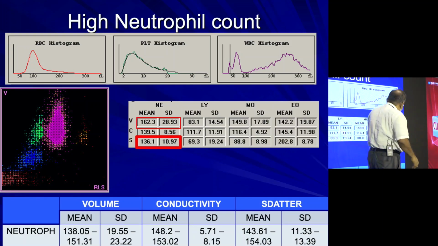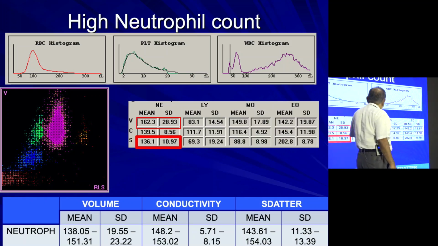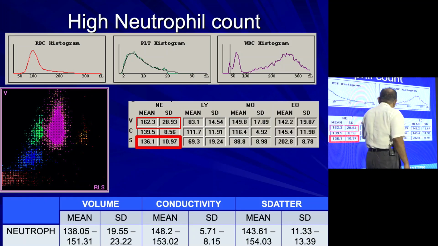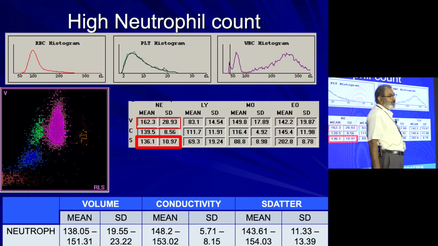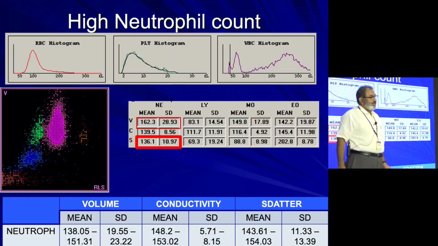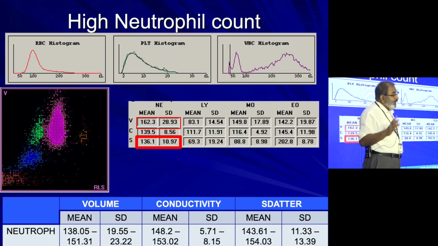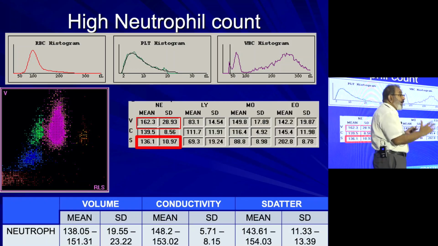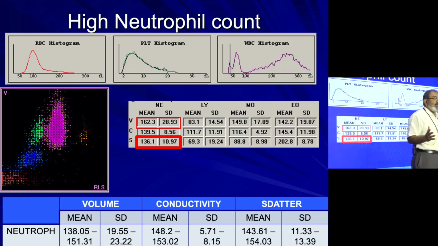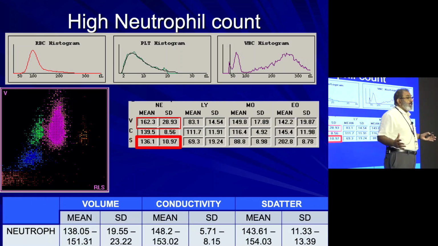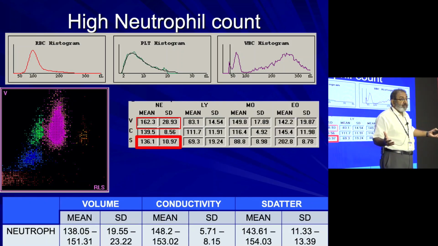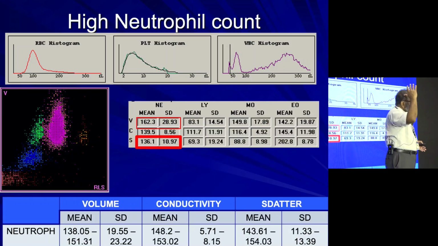They actually found that the scatter was low. They ignored the fact that scatter is low, fine. But the finding of large neutrophil was extremely significant. It's better than procalcitonin. So they published the paper with large size neutrophils meaning bacterial infection.